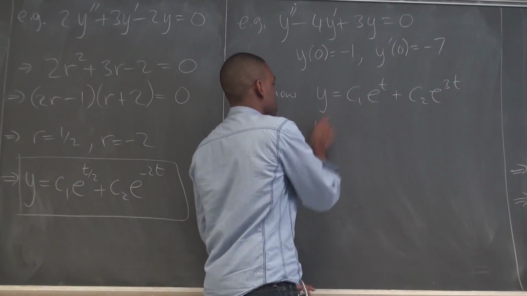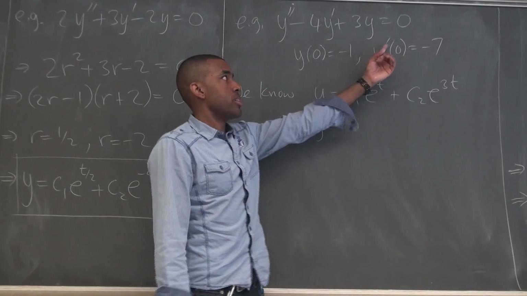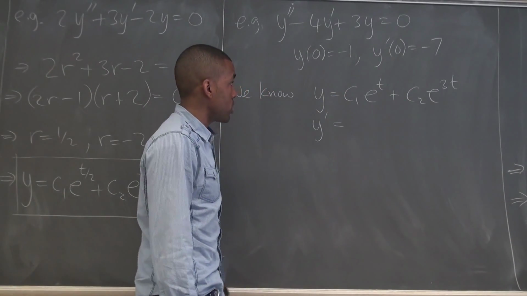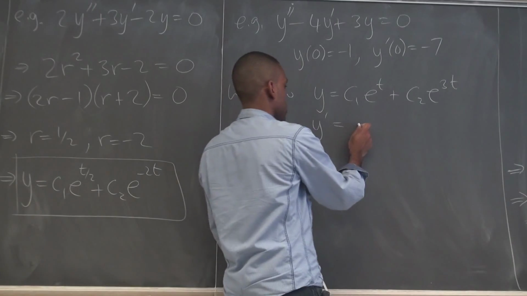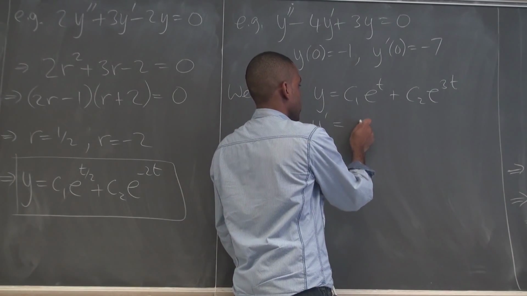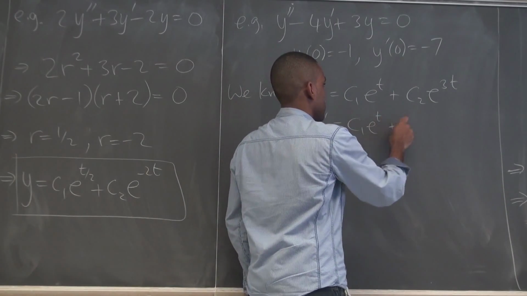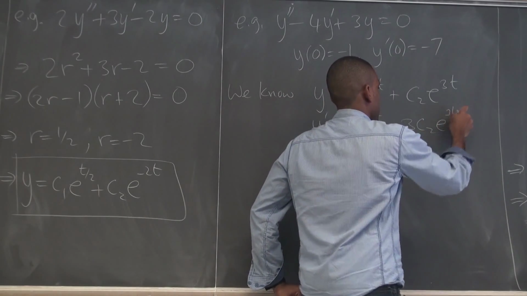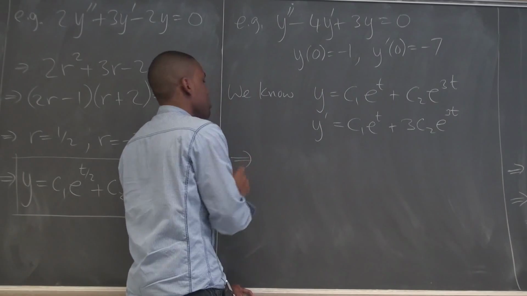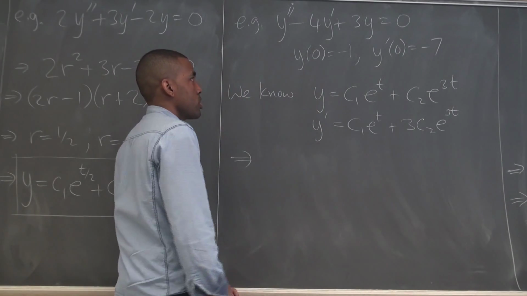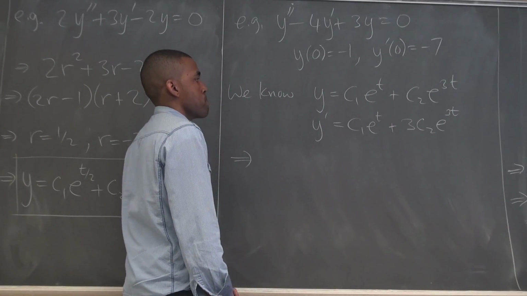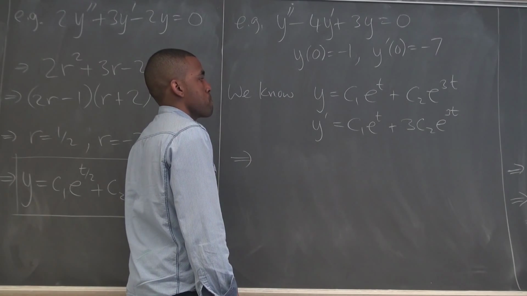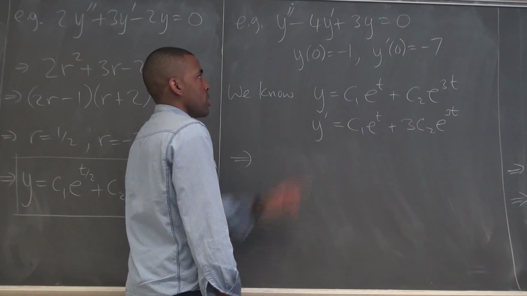Well, first let's find the y prime because they told me something about y prime, so I should find that, which is c1 e to the t plus 3c2 e to the 3t. Now, what does this mean? If I'm given initial conditions, it means I plug in t equals 0.